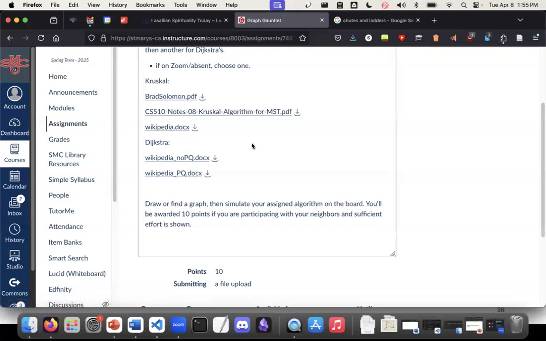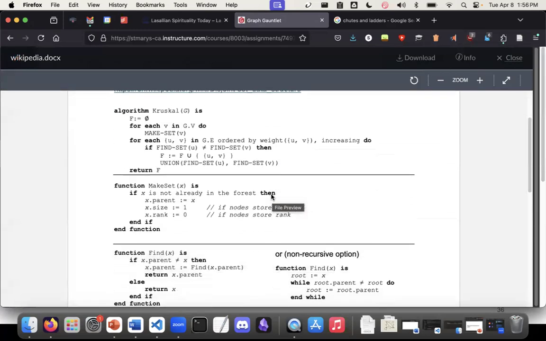In a minute, I'm going to ask you to congregate yourselves into groups. And then I'll tell you 1, 2, 3, and you get assigned that one. You're also free to look at the others to compare and contrast. This is practice in reading pseudocode. So I've given you pseudocode, and maybe choose one of the graphs from the packet or make up your own and run through the algorithm using this pseudocode.